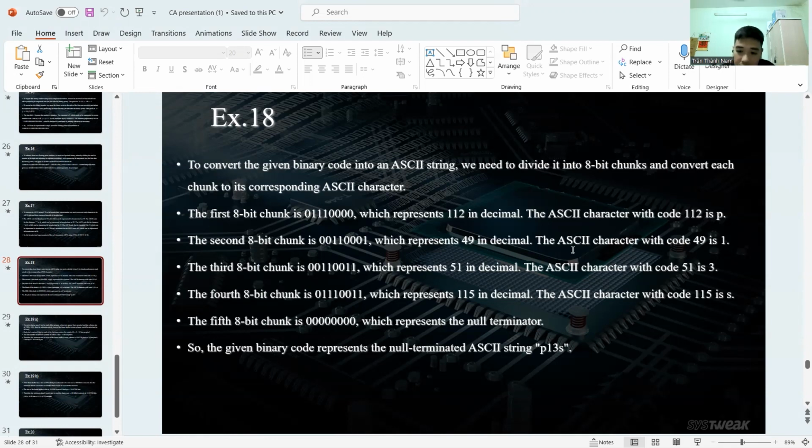The ASCII character with code 115 is s, and the final 8-bit chunk is 00000000, which represents the null terminator. So the given binary code represents the null-terminated ASCII string p13s.